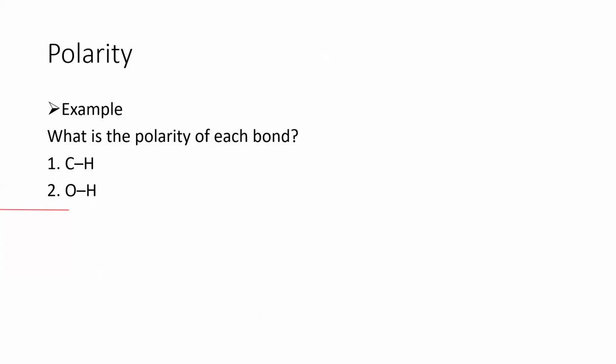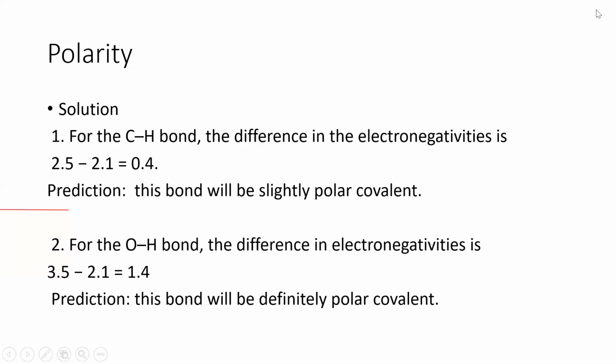That will tell us whether it's polar covalent, slightly polar covalent, or likely ionic. Do you understand, Alexander? Alexander, are you there? Yes, sir, I'm here. You understand what I'm trying to say? Yes, sir. Okay, good.